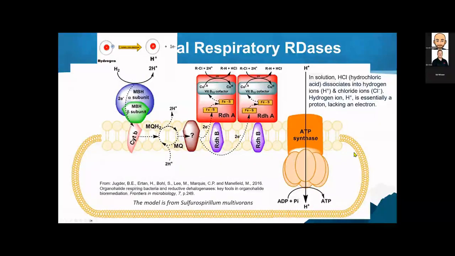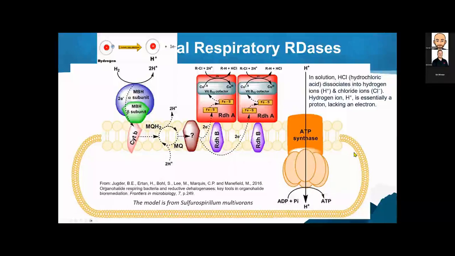So the big blue ball there is a membrane-bound hydrogenase. And the electrons that are lost from hydrogen in forming the hydrogen ion are transferred through the membrane-bound hydrogenase. You go through a series of molecules that you don't really need to worry about, and you go to the reductive dehalogenase, which are the red circles.